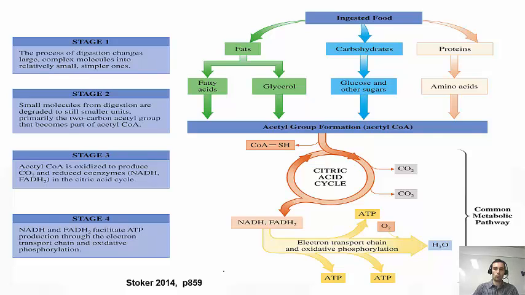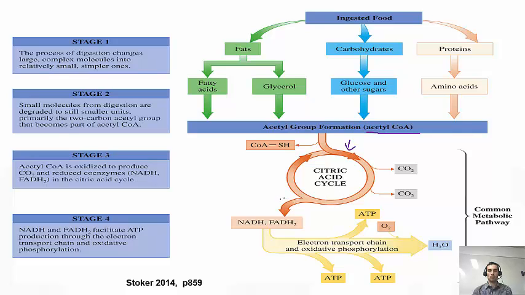So we've had a look at these four stages of the process to create ATP after we ingest food in more detail now. We start off with ingesting the food in the form of fats, carbohydrates, and proteins. We then break them down to the simpler versions, and then we can use these in different metabolic reactions that we haven't talked about yet to create our acetyl group. Then we have the acetyl group combining with the CoA to make acetyl-CoA, which feeds into the citric acid cycle.